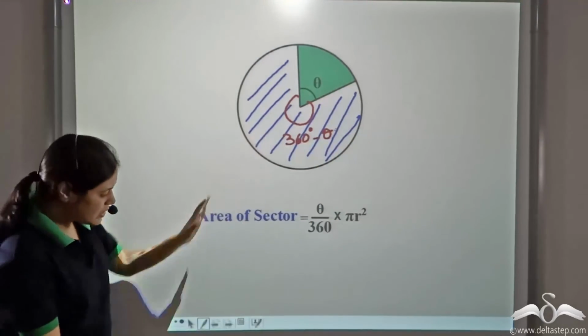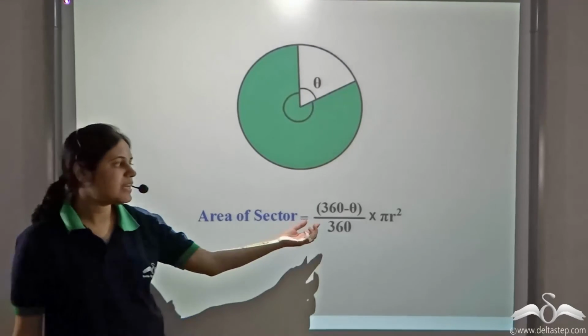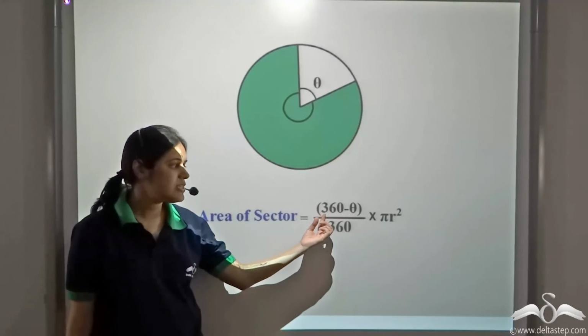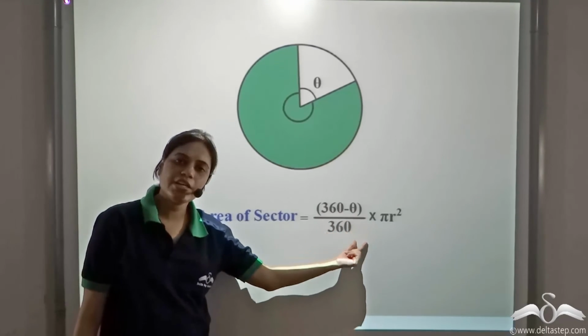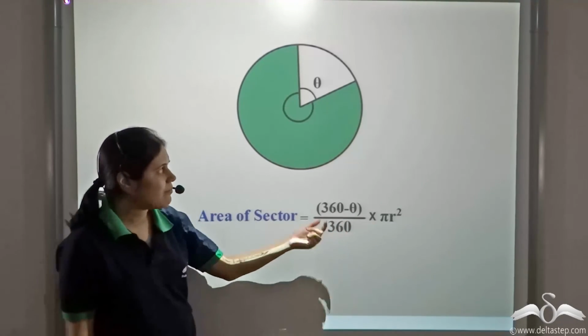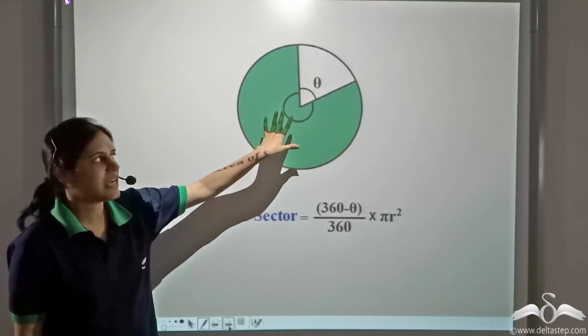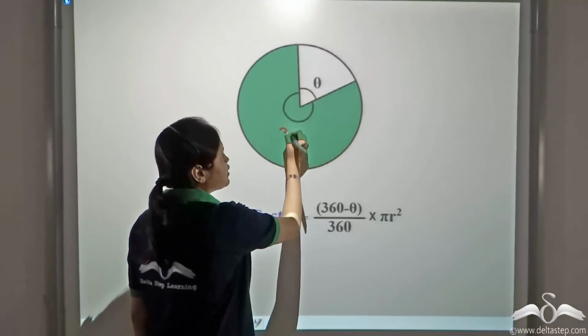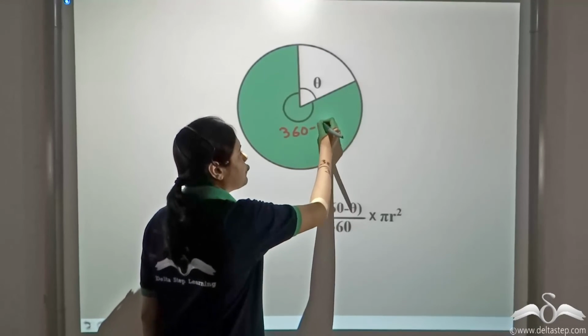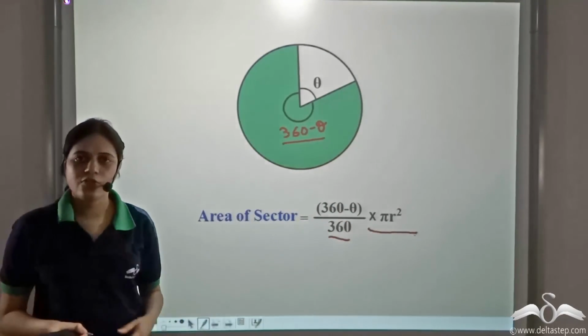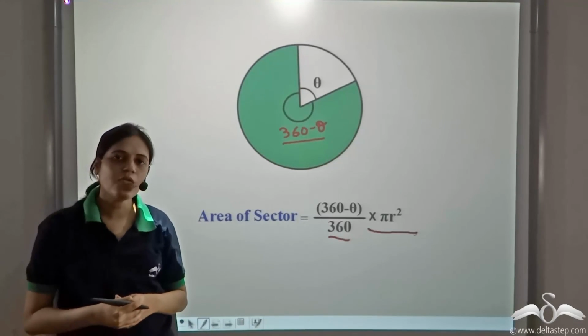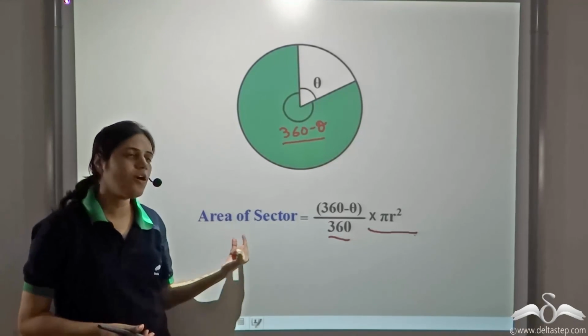So the area of this sector will be given as 360 minus theta by 360 into pi r square. So it is the same as the angle subtended at the center, which is 360 minus theta, divided by 360 into area of the circle. So this is how we find the area of a sector.